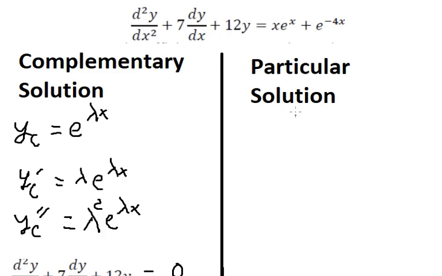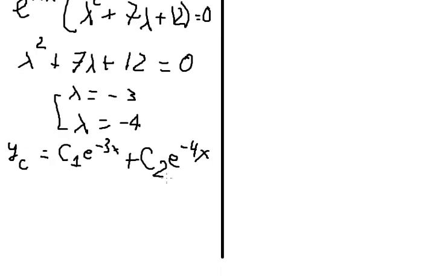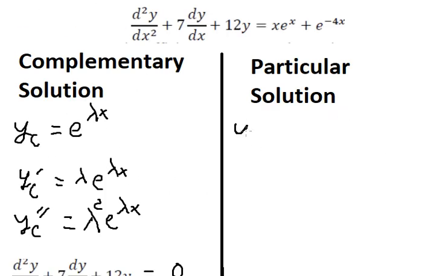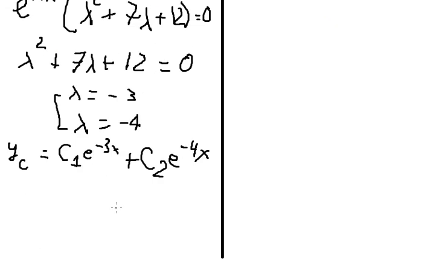Now let's go back to the particular solution. If we look carefully, we have e to the power of negative 4s. So in the particular solution, we will put capital A s e to the power of negative 4s, because we cannot put just a, the reason being we just have this one in here.